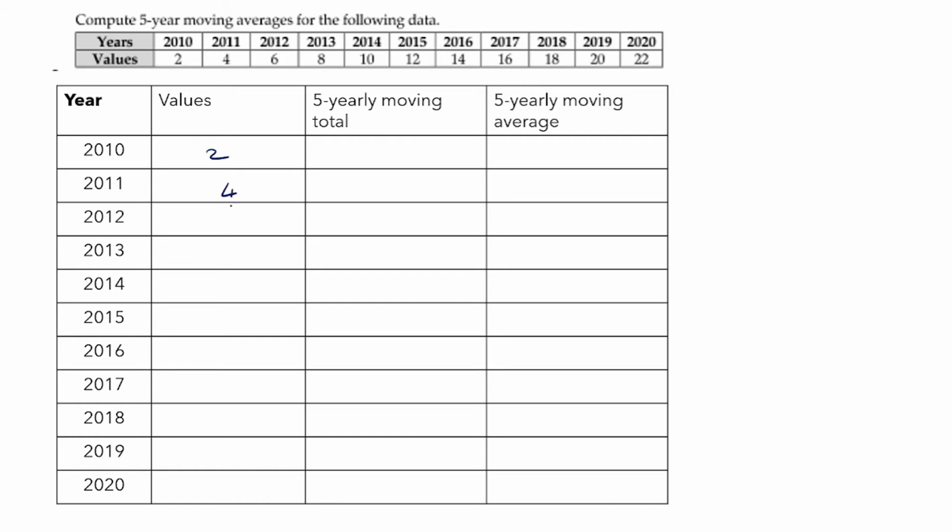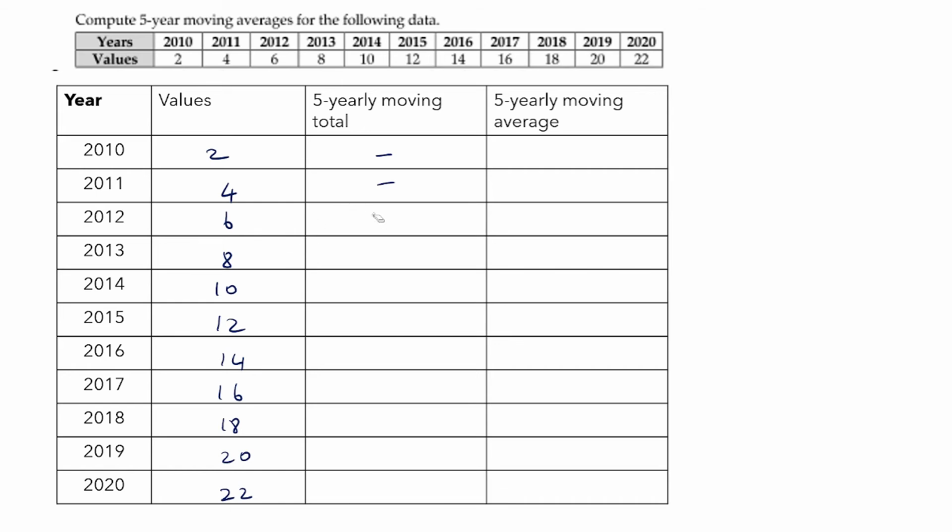The values are 2, 4, 6, 8, 10, 12, 14, 16, 18, 20, 22. The 5-yearly moving total is nothing but the sum of the first 5 years values.